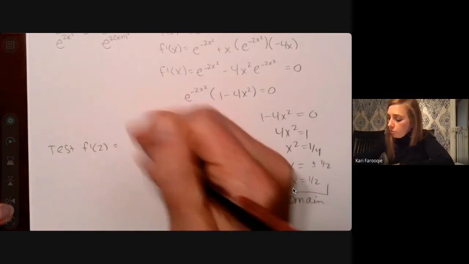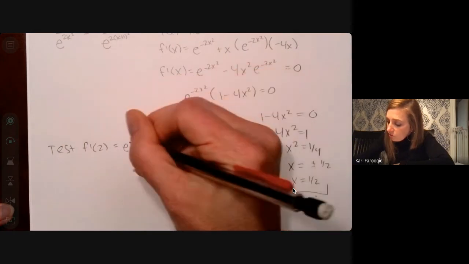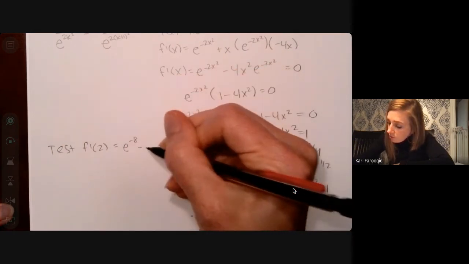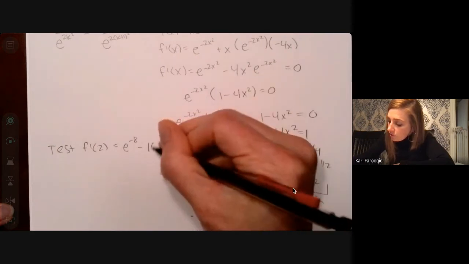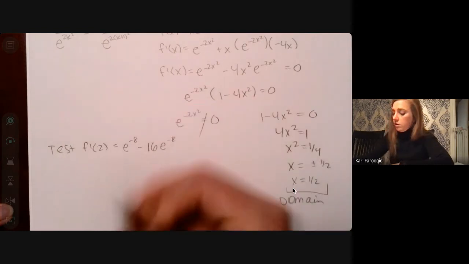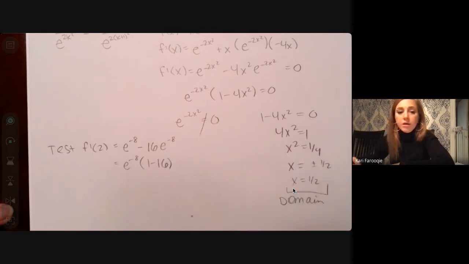F prime of 2 is e to the 2 squared is 4 times 2, e to the negative 8th power, minus 2 squared is 4 times 4 is 16, e to the negative 8th. Now, e to the negative 8th is going to be positive.